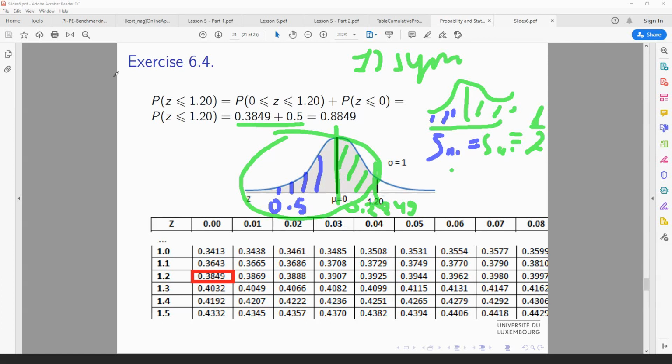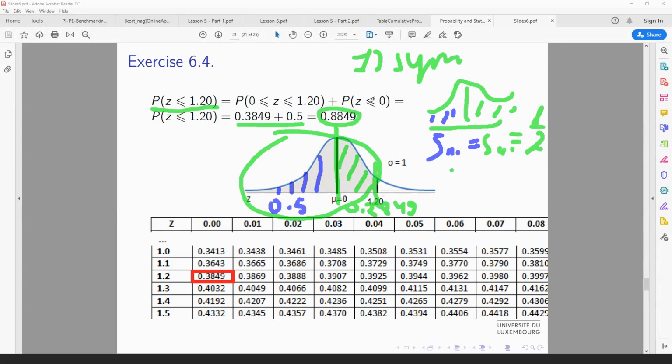Since the probability that our standard normal variable is less than 1.2 is the area under the curve of the distribution, this is the answer.